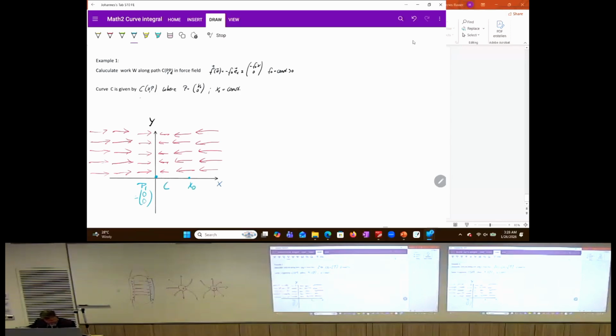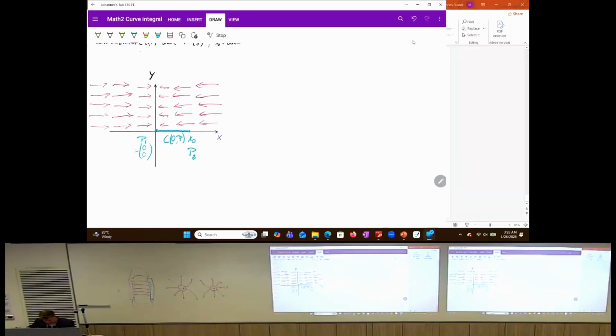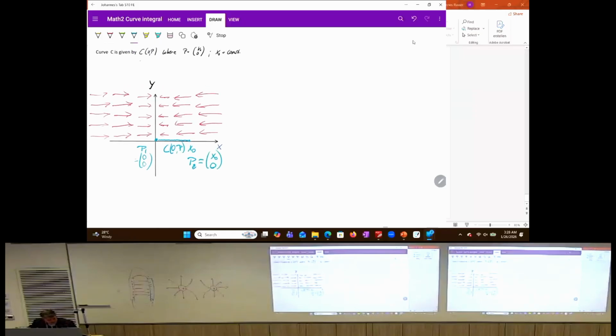So that is the curve here. This curve is what we want to integrate the force field over, from 0 to P. And x naught, we denote this here as our point 2, that is given at x naught, 0. So these are the two endpoints, the begin and the end point, P1 and P2, of our curve integral as specified for the problem of this example.